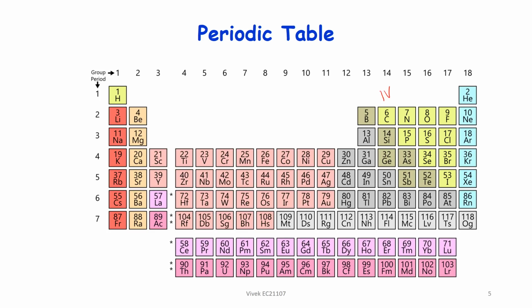So this is group 4. You can see here 1, 2, 3, 4, 5, 6, 7, 8. Now how do we decide which group? It is decided by the outer orbital electrons. So in group 4 there are 4 electrons in the outer orbital.